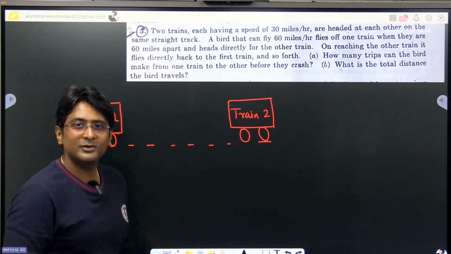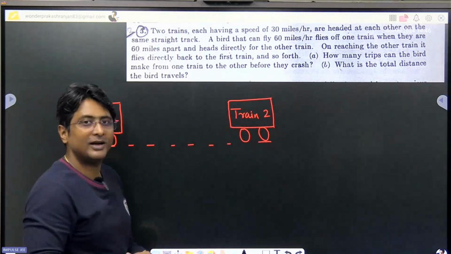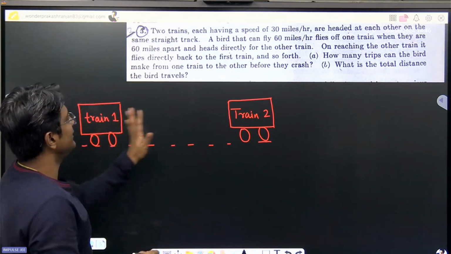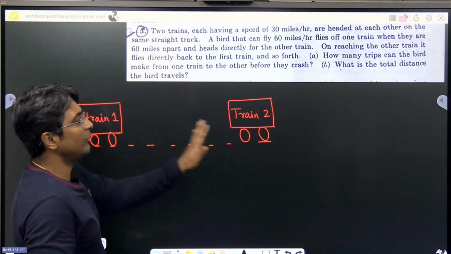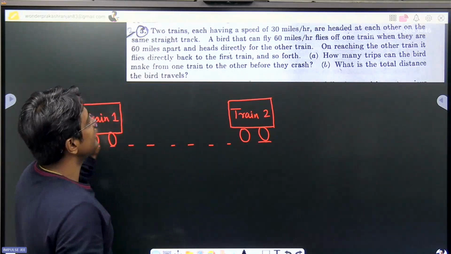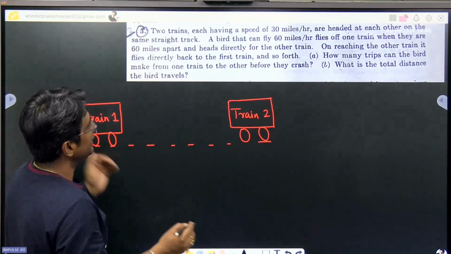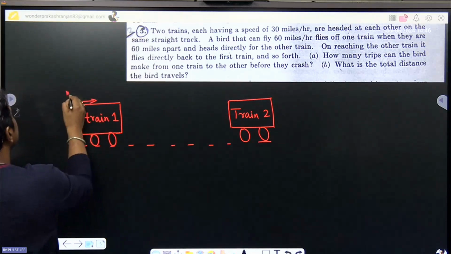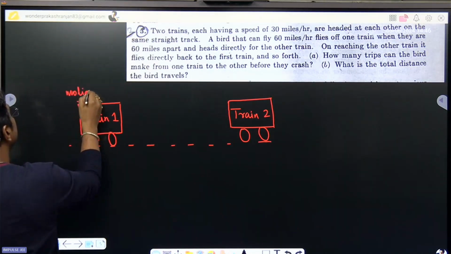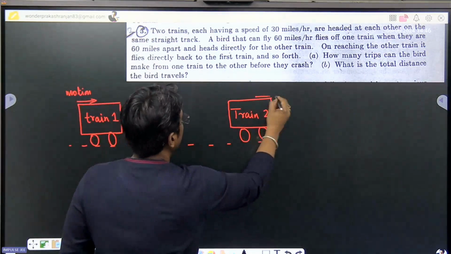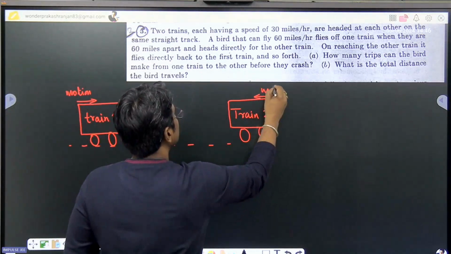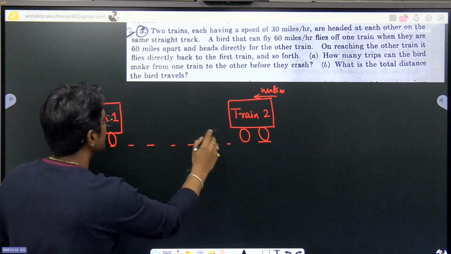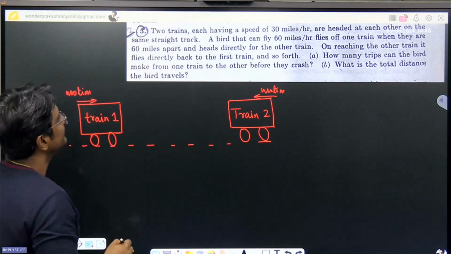So I am not going to waste the time in this drawing part because concept is important. So we have assumed these are the two trains, train 1 and train 2. Since it's given that both are headed towards each other, we can say its motion is in this direction and its motion will be also towards train 1. Means train 1 is moving towards 2, 2 is moving towards train 1.